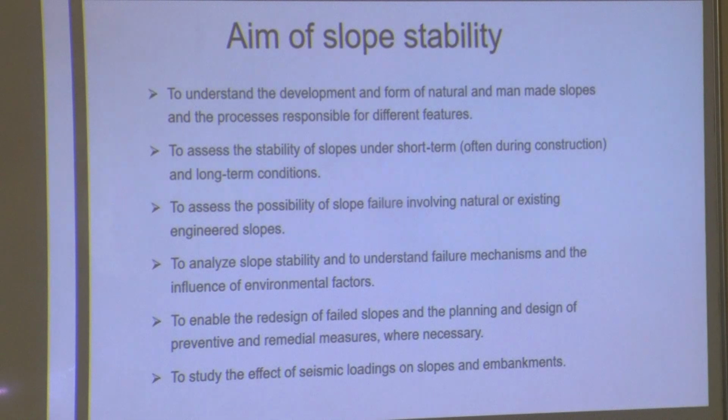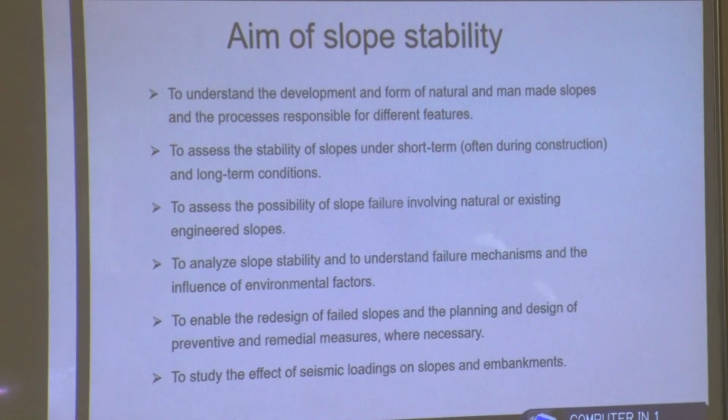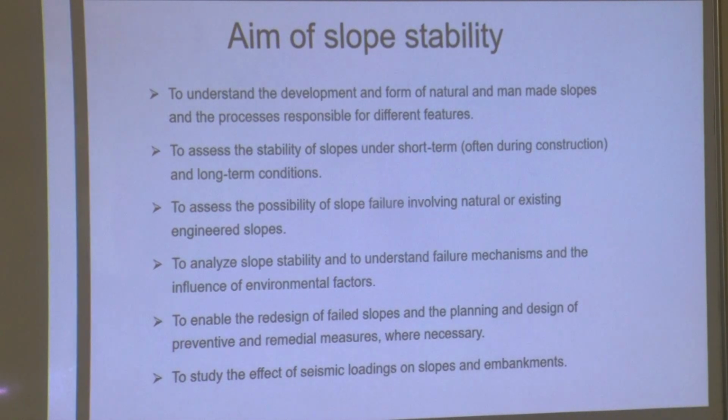Remember, type of failure does not depend on the external parameter. Suppose there is an earthquake, or a huge amount of rainfall, that will not dictate the type of failure. Type of failure will be dictated by the material constituent, the type of material present in this slope. So it's a very important parameter.